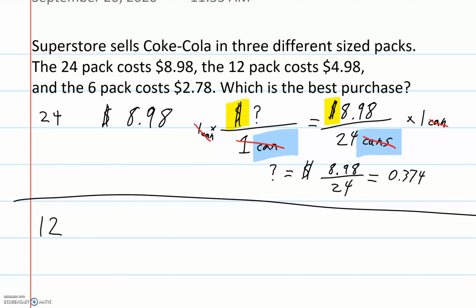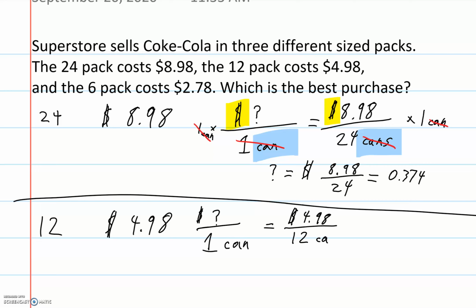The 12 pack costs us $4.98. Okay, well, doing the same thing, we have the unknown on top. We have the dollar amount on top, and we have one can on the bottom. That's what we're trying to figure out. How much per single can? On the other side, we have the dollar amount again, but now it's over a different amount than last time: 12 cans.